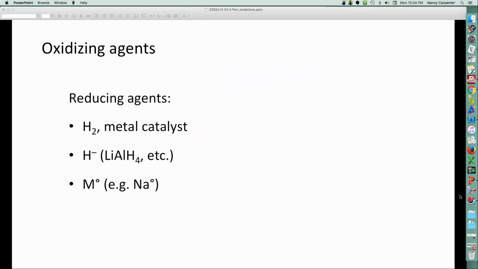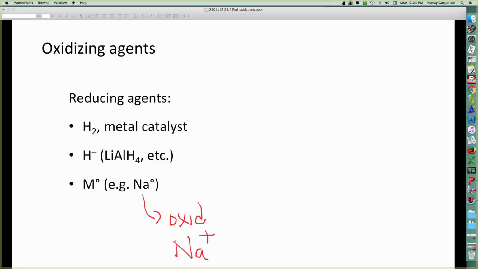So what we want to know now is what will do that. And we've already learned about reducing agents. You're adding hydrogen, so reducing agents are things like hydrogen gas or zero valent metals, because those zero valent metals, like sodium, like to be oxidized to, say, sodium +1.